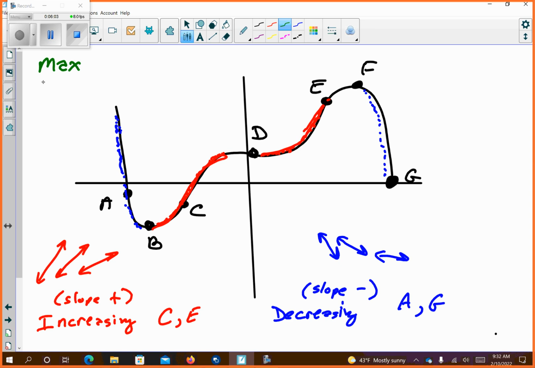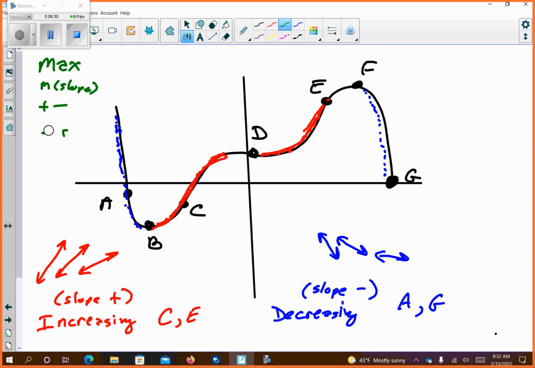So it's the point where the slope goes from a positive to a negative, or a negative to a positive. Okay? So it's a maximum where we go, so we either go like this. So let's think about this for a second.